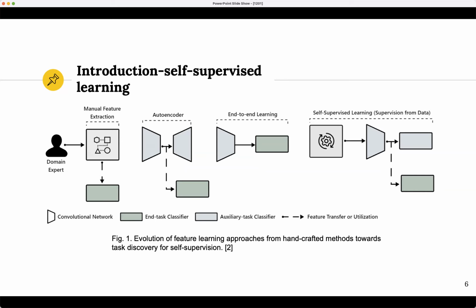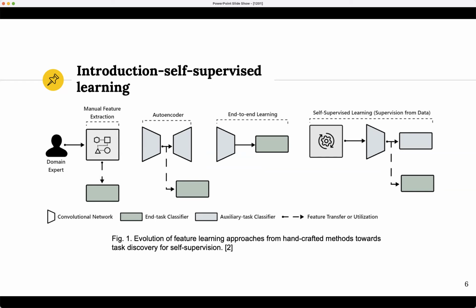It varies with the type of application and the format of collected data. The second one, autoencoder, can generate features from the encoder, and in some researchers' opinion, it can also be regarded as one type of self-supervised learning.